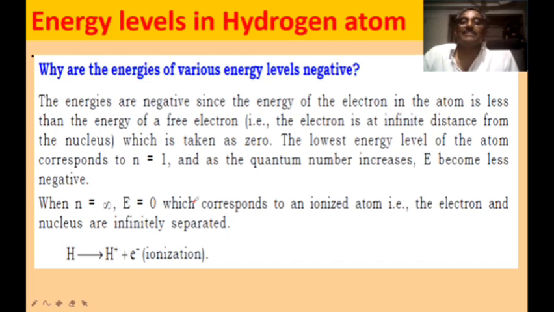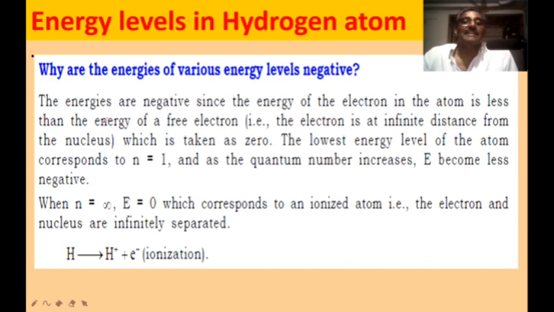The 0 value is higher than the amount of energy possessed by the electron in the orbit. That means the energies of the electron in all the orbits are less than 0. So the values of energies of the electron are negative.